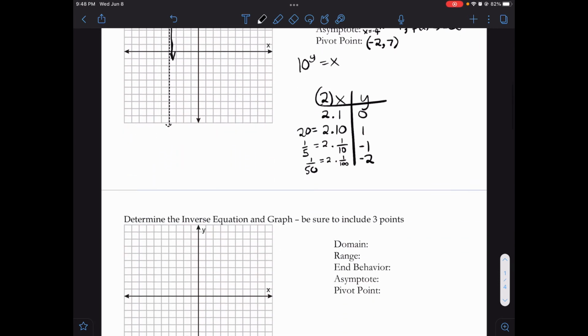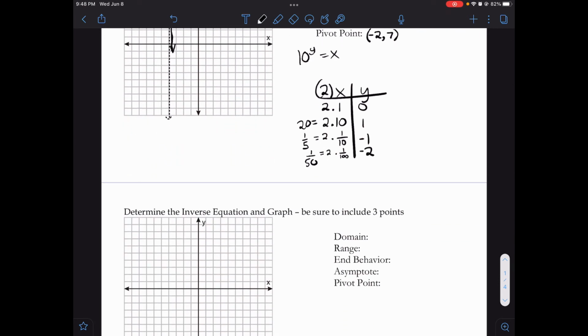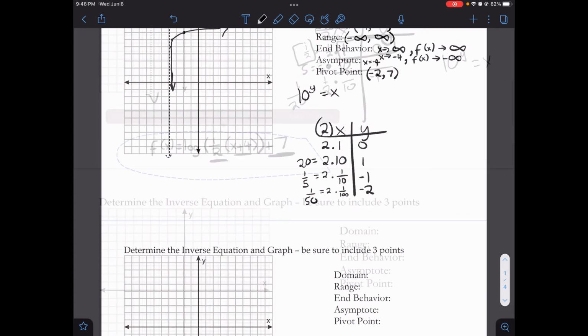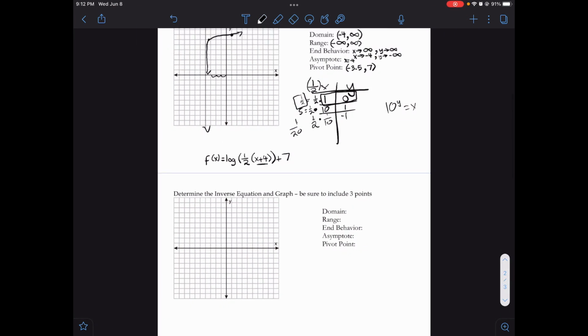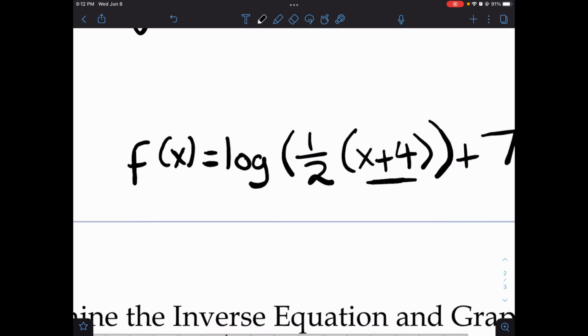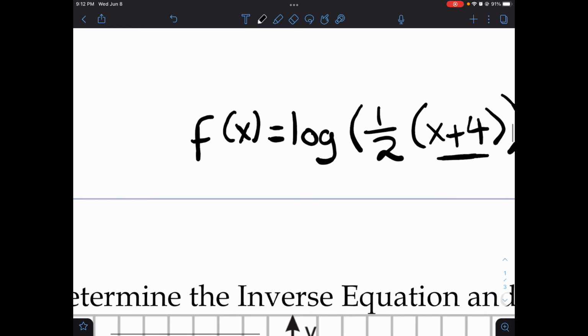Okay, now the next is determine the inverse equation and graph. I'm going to algebraically solve it because it's asking us to determine the inverse equation and then graph. Otherwise, I would have just graphed the opposite points and called it a day, but we can't do that. It's asking us to solve.